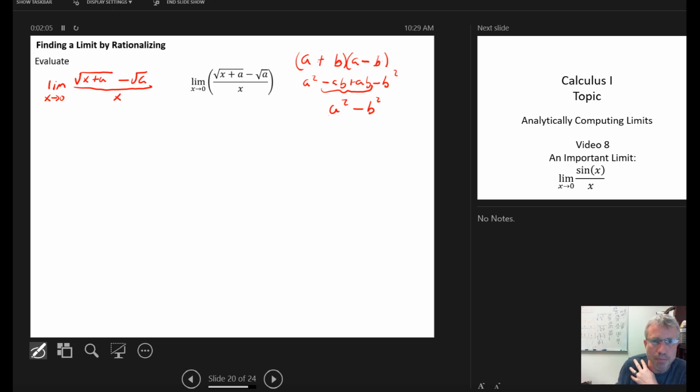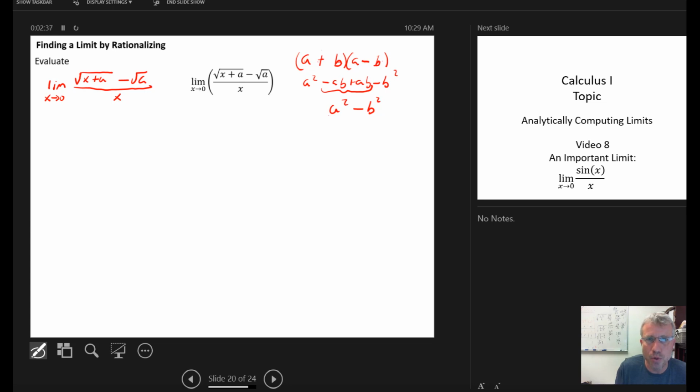We want to immediately look at the limit we're taking, the limit as x goes to 0, and think about what happens when we plug 0 into the denominator. We immediately see we'll get a division by 0, which tells us that to find this limit, we cannot plug x equals 0 in, because we'll wind up with something that's undefined. I can't plug x equals 0 into this expression because it would cause a division by 0.